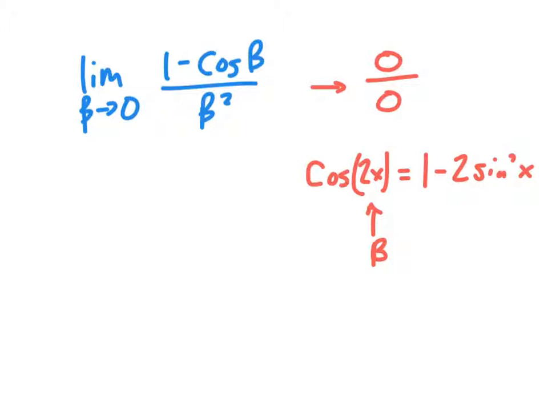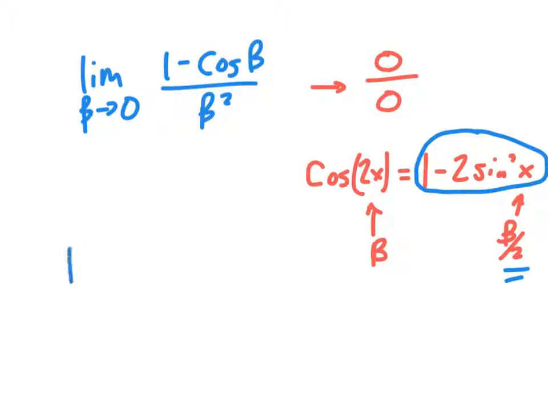And that means that when we need x, that's really beta divided by 2. So we are going to rewrite our original limit using this identity, just being careful to include beta over 2 instead of x. So let's do that, and then we'll see if that helps us.